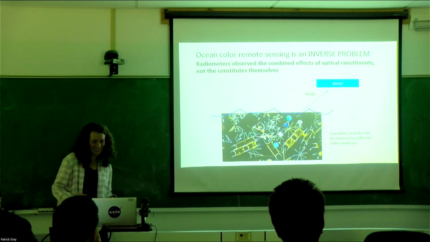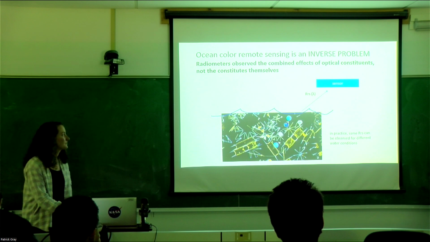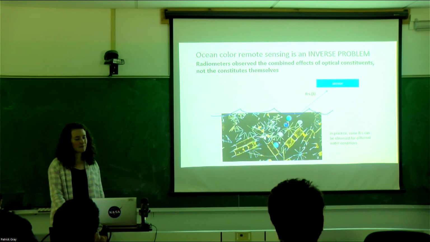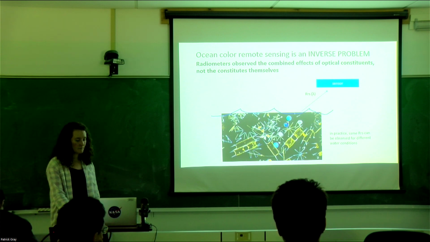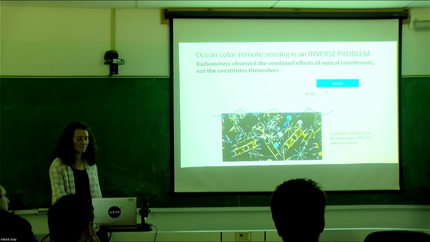Okay, there we go. So again, I think Jeremy's giving this lecture soon, and Andrew also did a beautiful job talking about it today, but with remote sensing we are working with an inverse problem. I should say passive remote sensing. What that means is, the direct data product that we get is not ultimately what we want. We might care about chlorophyll or suspended sediment, phytoplankton communities, and we're getting top of the atmosphere reflectance.